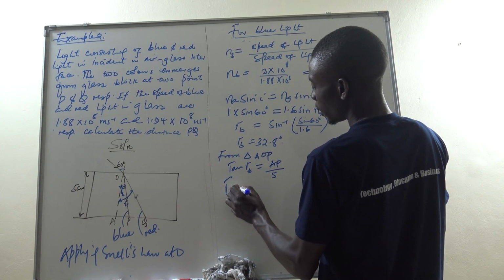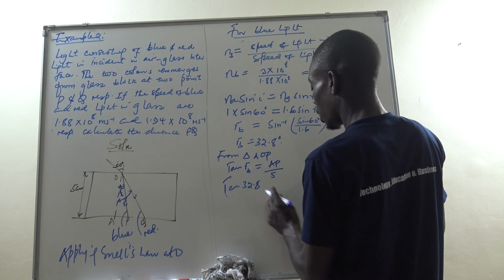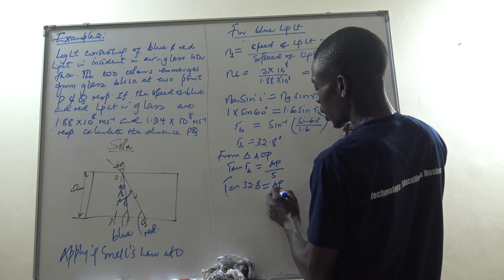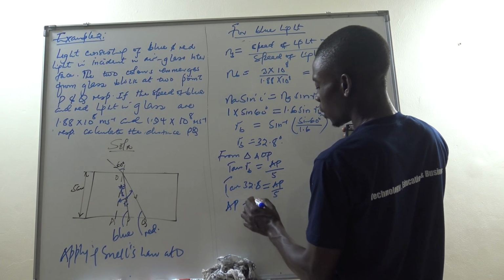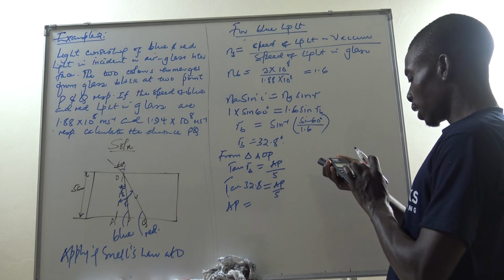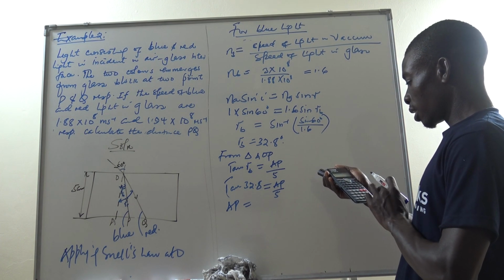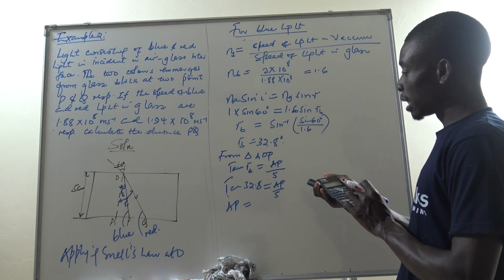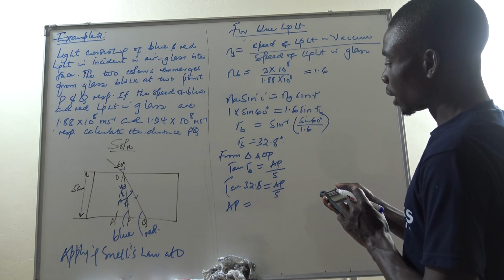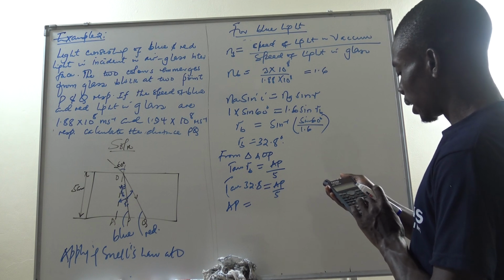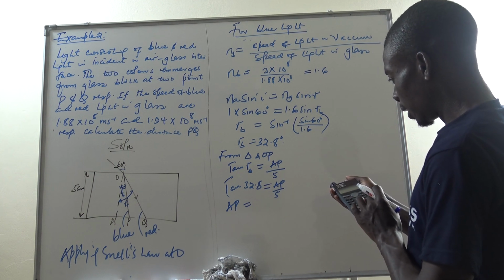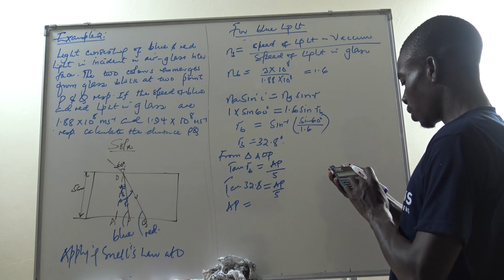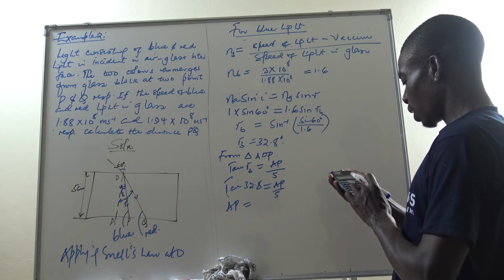So tan 32.8 equals AP out of 5, and AP equals 5 times tan of 32.8.